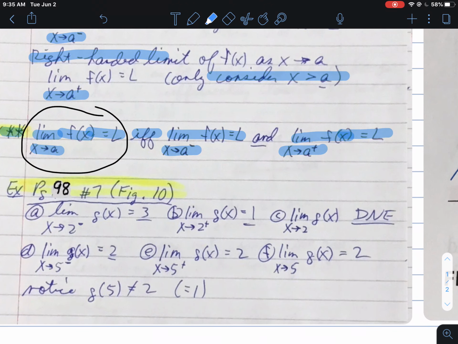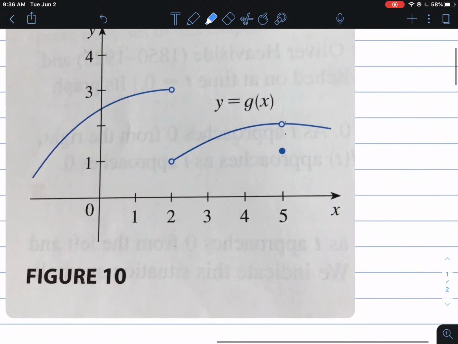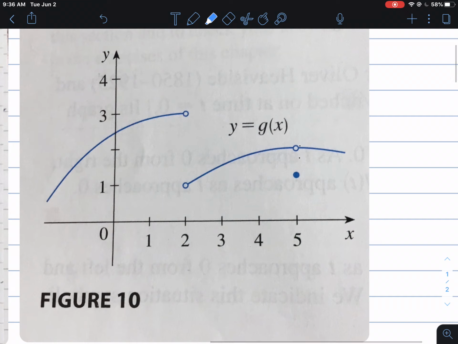So look at part A, part B, part C. I'm looking at the limit as x approaches 2 from the left of g of x, the limit as x approaches 2 from the right of g of x, and then the limit as x approaches 2 of this function g of x. Right? So I'm looking at the behavior of this function as x approaches 2. That's our a value in the context of our limit definition. The limit as x approaches a.